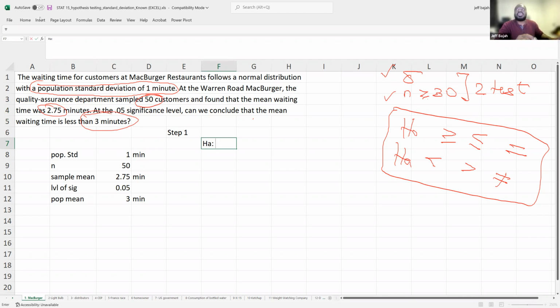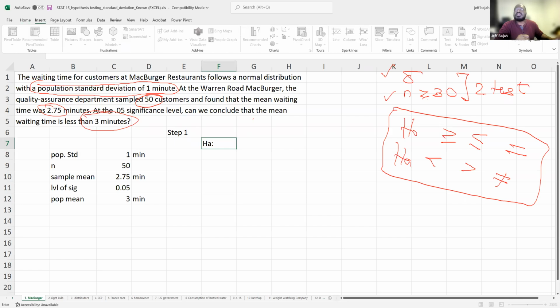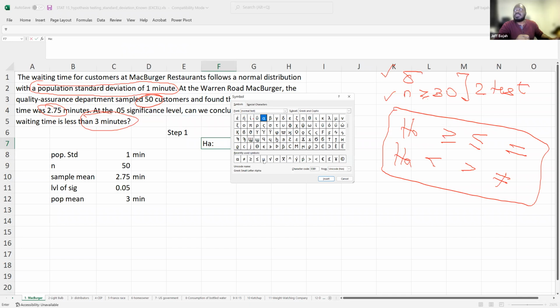And I'm just going to show you how to do it, but this is going to take you time in the exam, so don't do it in the exam. I'll just want to show you where it is. So this is right here, right? It's right there. And then the less than ones are right here.